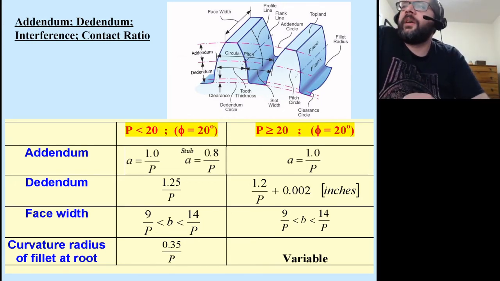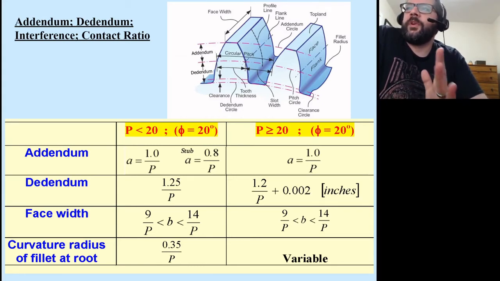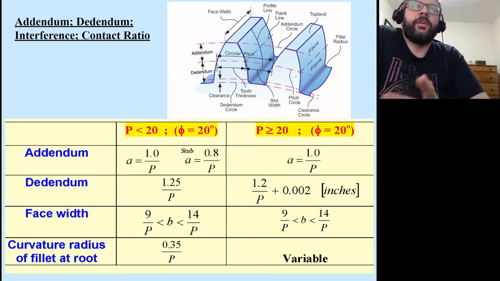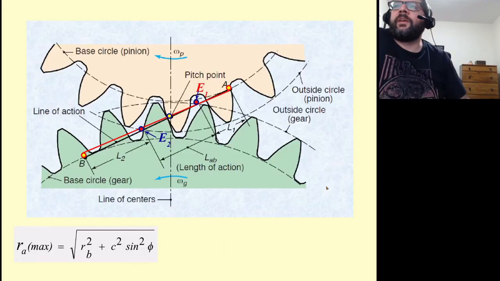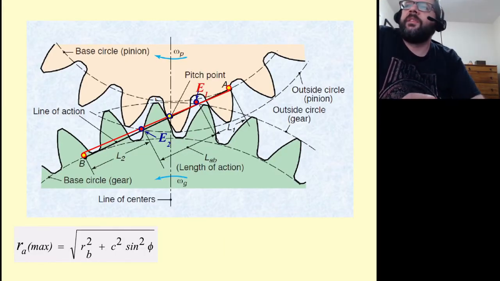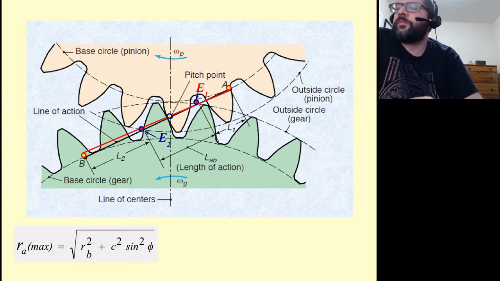So like I mentioned before, when your teeth are meshing together, you want to make sure that the tooth isn't sticking out far enough that it will touch any of the non-involute portions of the opposing gear tooth.